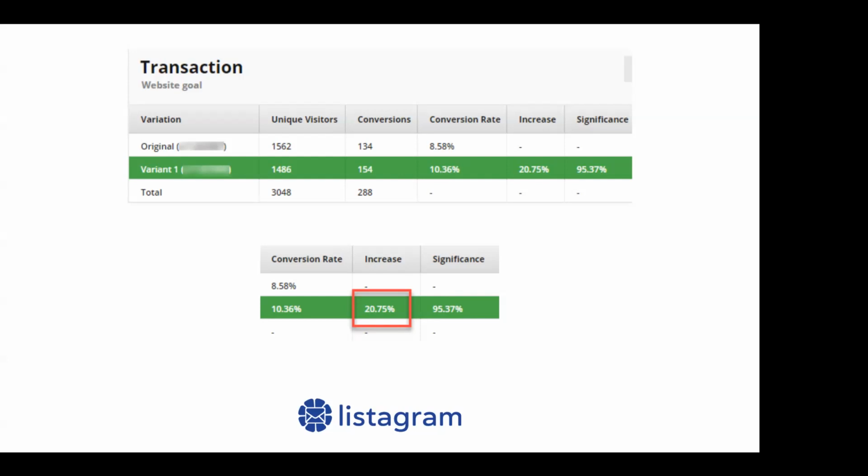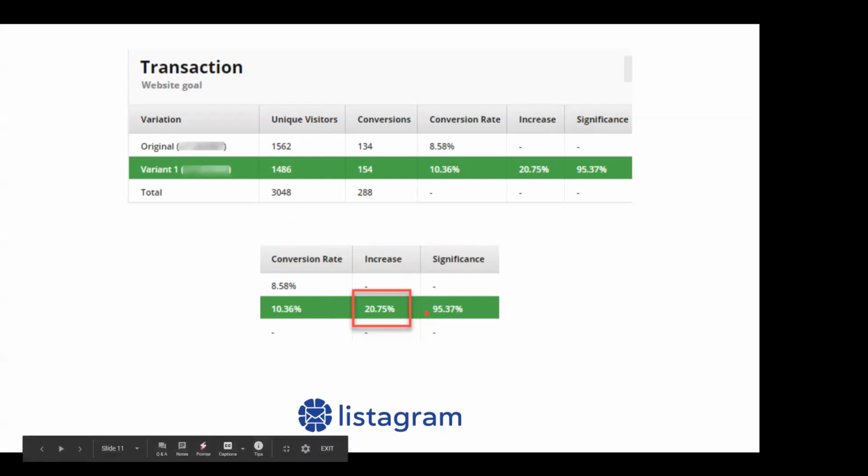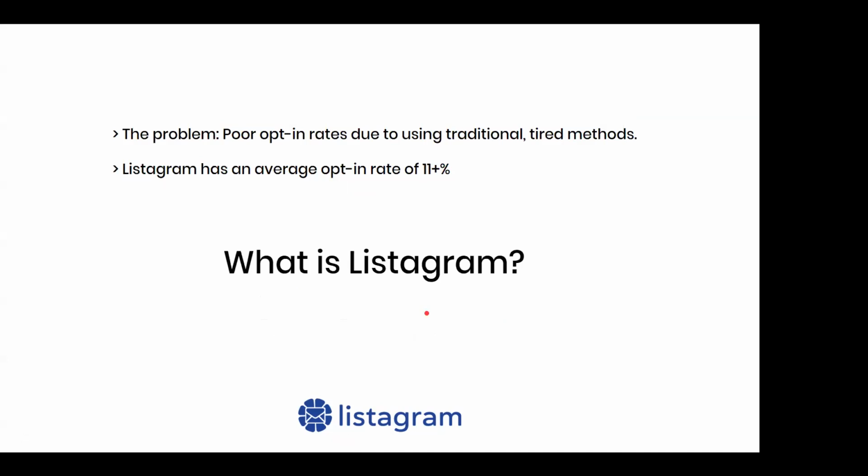These are actually ones that convert, and it's possibly a result of the discount that you're offering, because that then drives sales as well. So I told you the problem, which is poor opt-in rates due to traditional methods, and Listagram has an average opt-in rate quite a lot higher than the traditional average.